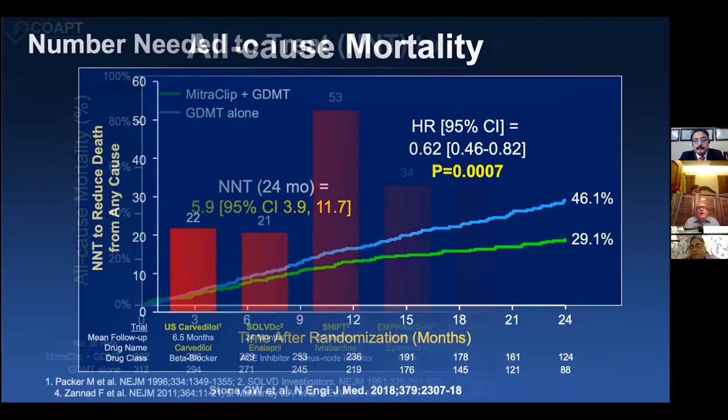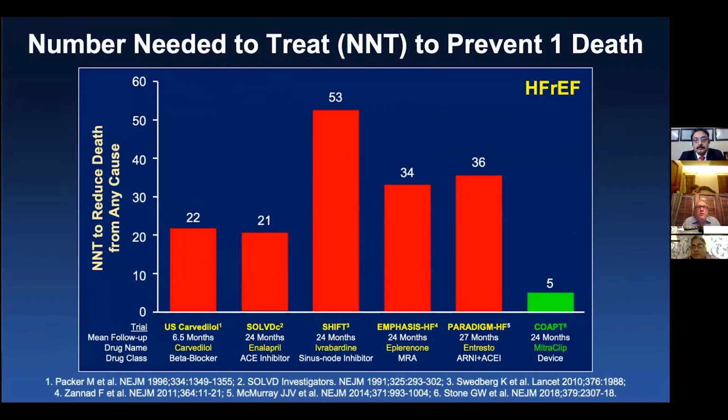And if you try to compare this to other standard class 1 medical guideline-directed therapies, you can see ACE inhibitors, beta blockers, ARBs, aldosterone antagonists, Entresto, et cetera, all will save about, the numbers needed to treat to save 1 life in those with HFrEF, that is an ejection fraction less than 40%, is somewhere between 20 to 50.